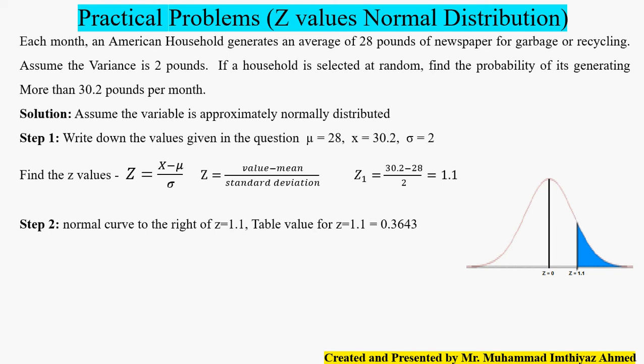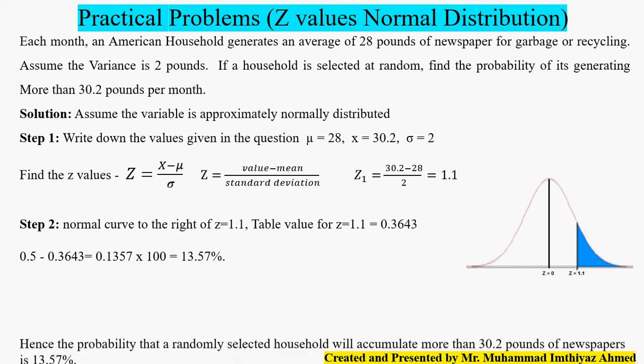0.3643. So as usual, when it says normal curve to the right, you need to reduce 0.5 minus the calculated z value, that is 0.3643. So when you multiply by 100, we will get a result 13.57%.